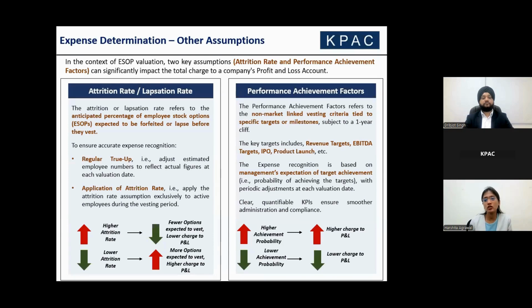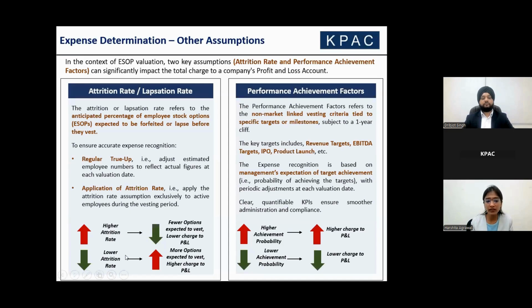However, when ESOPs are granted on a larger scale, attrition rate becomes a key factor. So as we can see here, a higher attrition rate leads to fewer options expected to get vested and hence a lower charge to P&L.